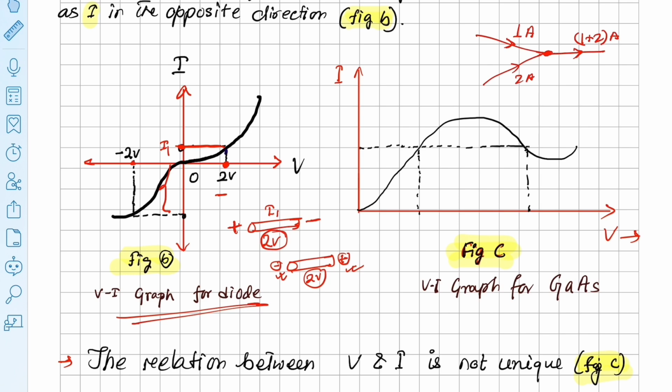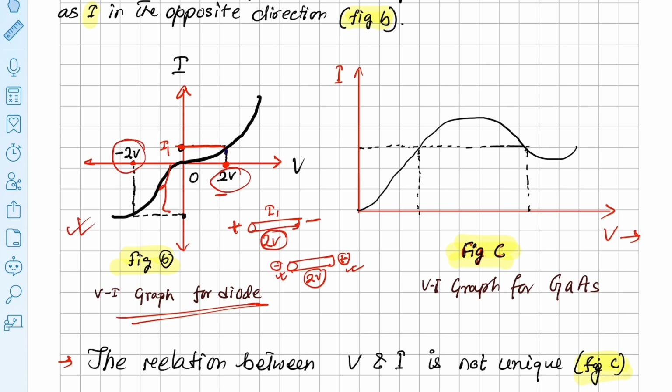So here we don't need to take the vector addition, like 1 ampere squared plus 2 ampere squared plus 2 into 1 into 2 cos theta. We don't need the angle between these two. Hope you have understood this. That is why current is not a vector quantity. So this is one limitation I have explained here.